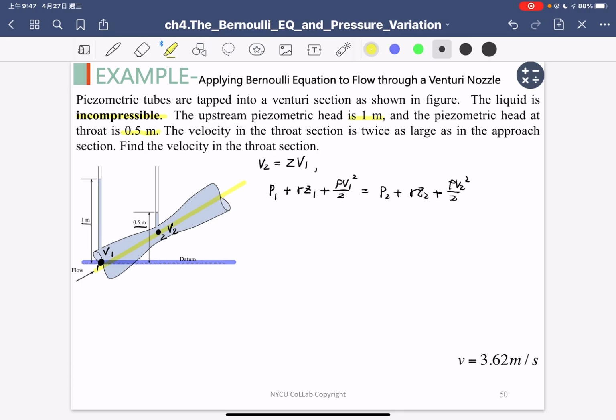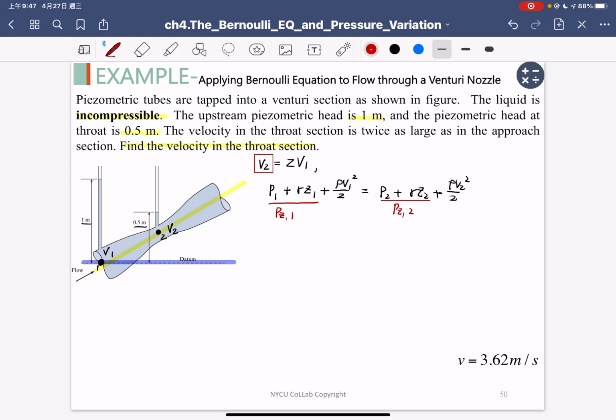We need to find the velocity in the throat section. So our target is V2, how large it is. Okay, so based on this equation, this is the piezometric pressure at location 1, and this is the piezometric pressure at location 2.